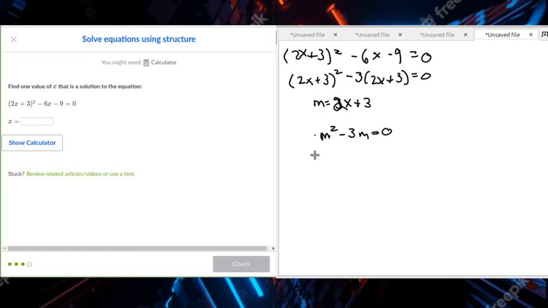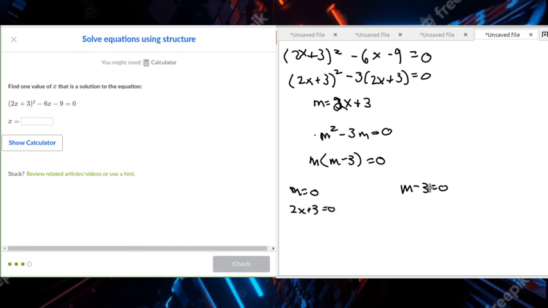I can factor out an m. M times m minus 3 is equal to 0. So that means m is equal to 0, or m minus 3 is equal to 0. And now I can substitute back in that 2x plus 3. So if m is 0, then 2x plus 3 is equal to 0.